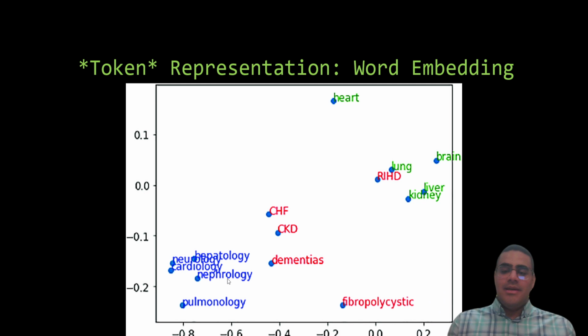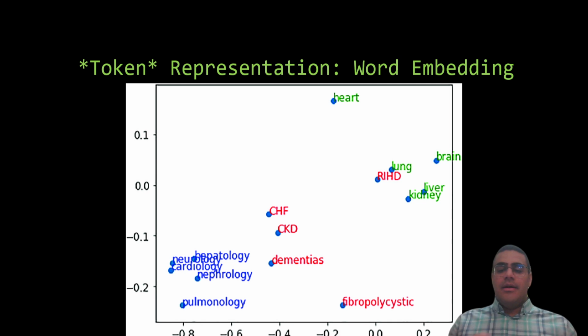For example, here we see that this word embedding model was able to put organs, which are represented in green, together, and the names of some diseases in the middle, represented by red, together, and also other types like these different areas of physician together in blue.